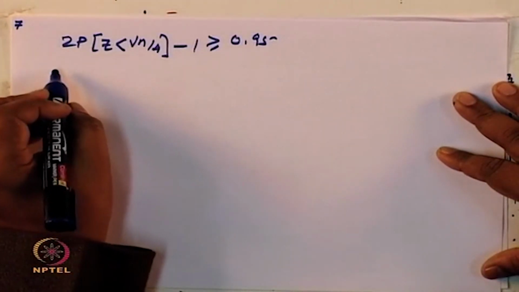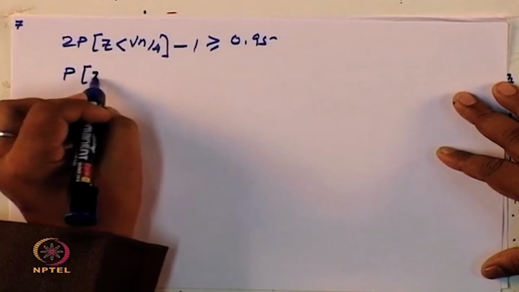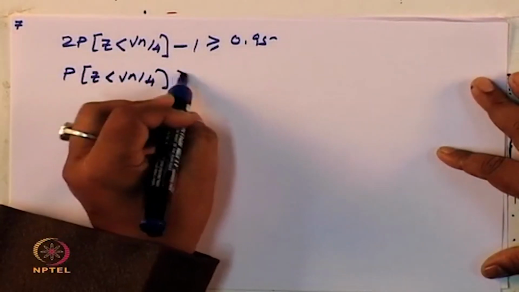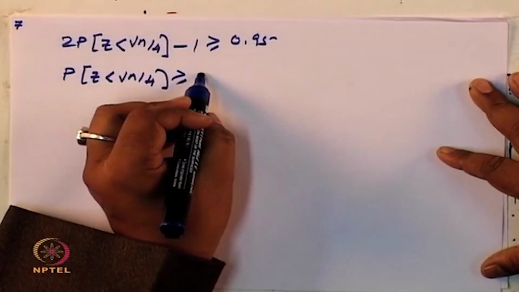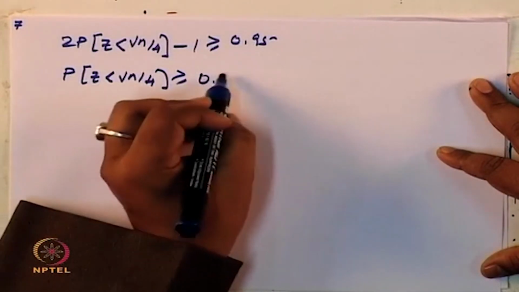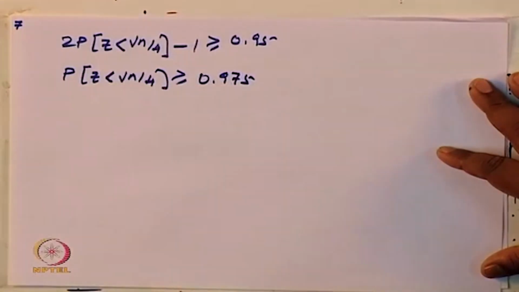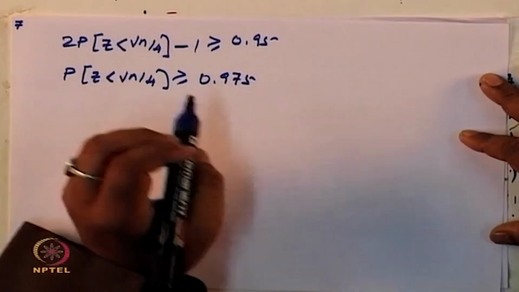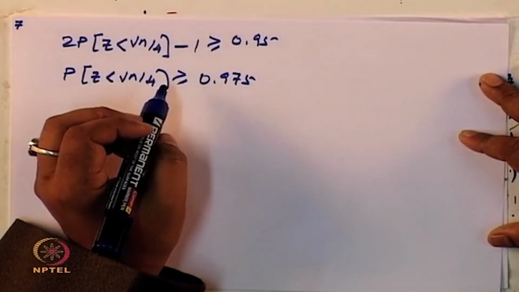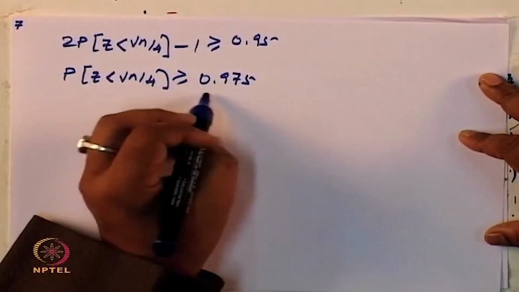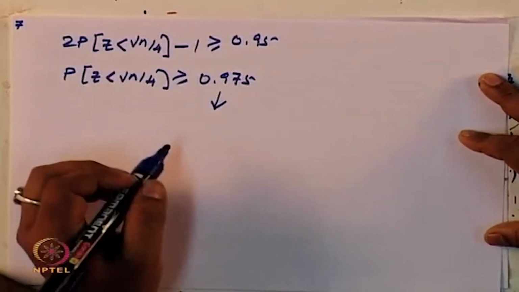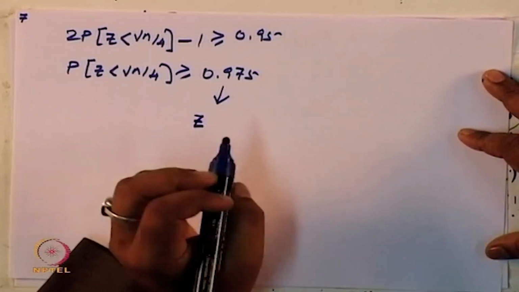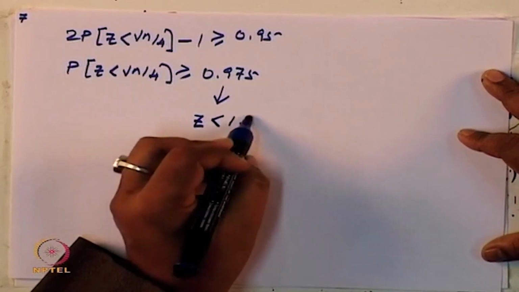So, this gives me the probability of z less than root n by 4 is greater than or equal to 0.975. From now you can look up the standard normal variable tables, and this comes out to be z less than 1.96.